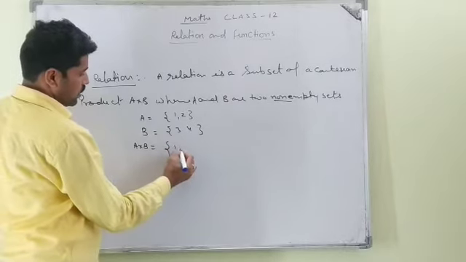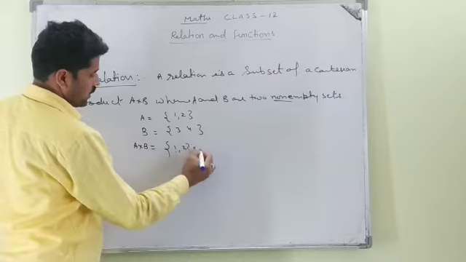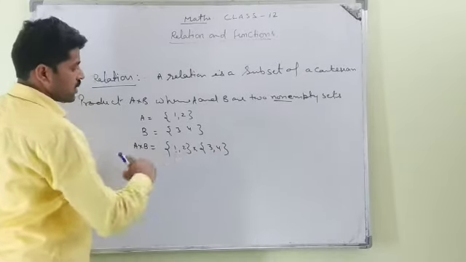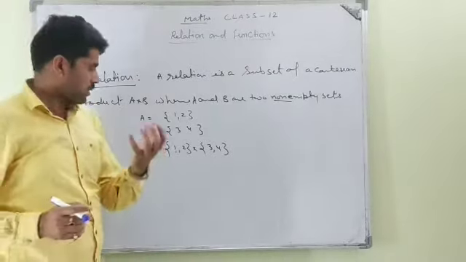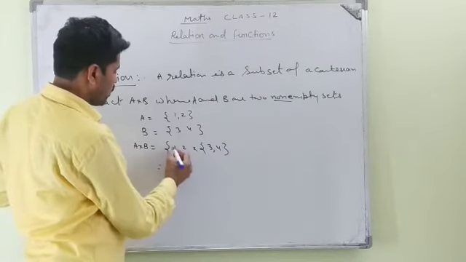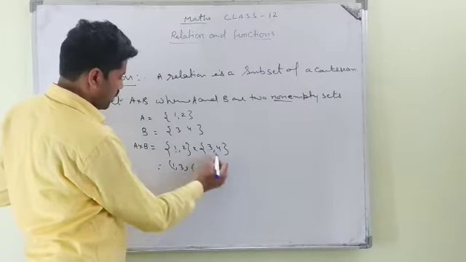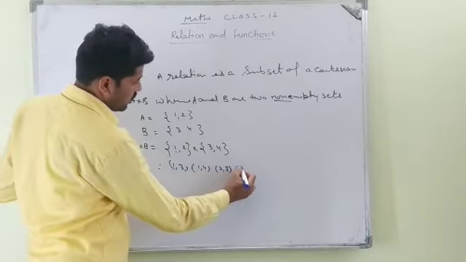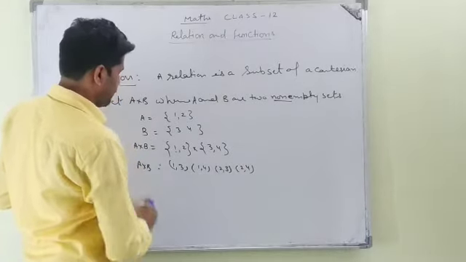A cross B means 1, 2 into 3, 4. So we can simply multiply. We will get the ordered pairs: (1, 3), (1, 4), (2, 3) and (2, 4). This is what A cross B is.